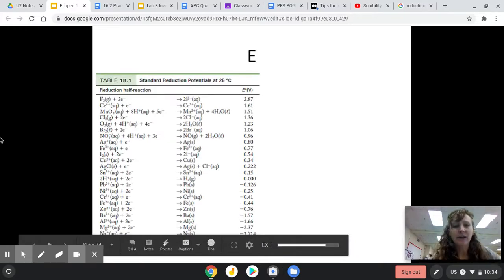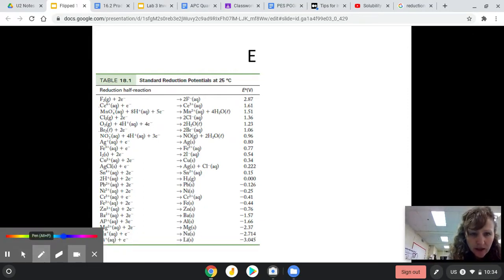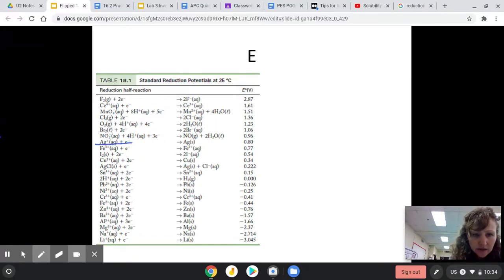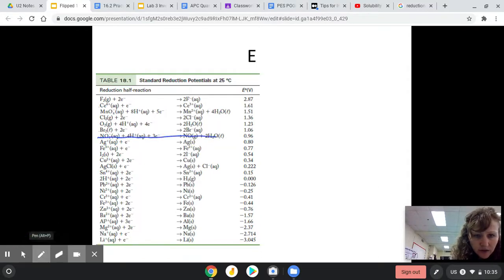All right, here we go. So you can see here that we have half reactions for a lot of these things. So for example, let me pull you out a simple one. Here's iron. Oh, actually, let's do the silver one above. Actually, we'll do both.